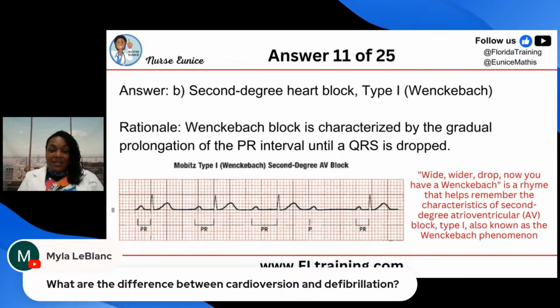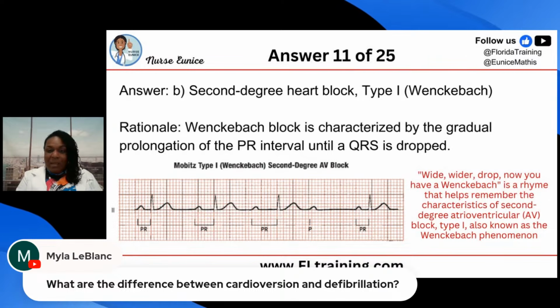Defibrillation is, I hate to say, the dead man's dose of energy. So defibrillation means that we're just going to shock them indiscriminately. We're not going to sync it. And that requires more energy. So this person's not alive. They do not have a pulse. They're in cardiac arrest. And so sometimes the differences in the joules, the dosages would be for cardioversion.